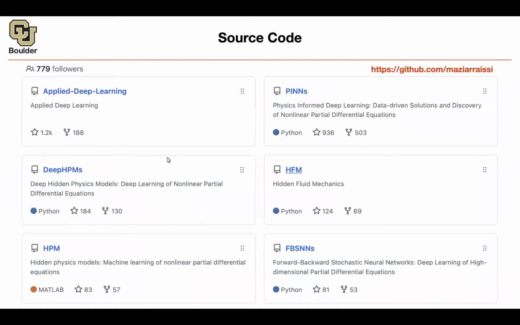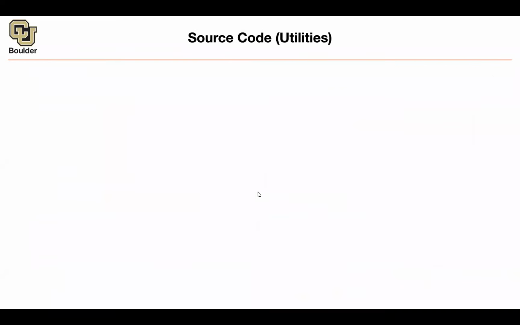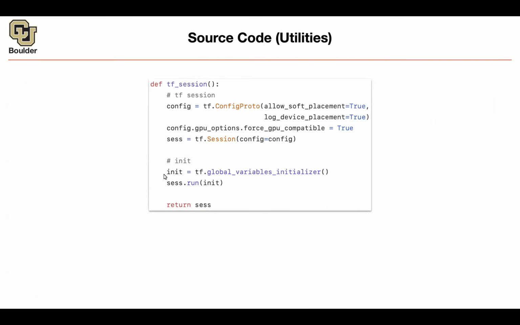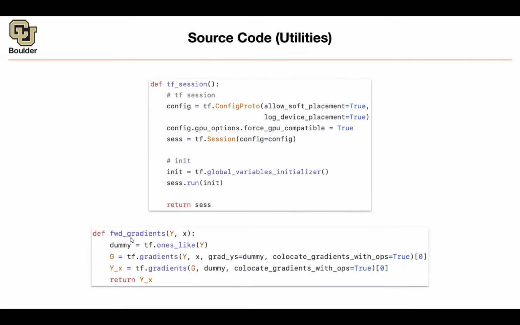I think I will go through the source code for this, the topic that I just explained. And the source code is going to be HFM, hidden fluid mechanics. There's going to be some utilities. We needed to do forward gradients rather than backward gradients because we had more output variables compared to the input variables.